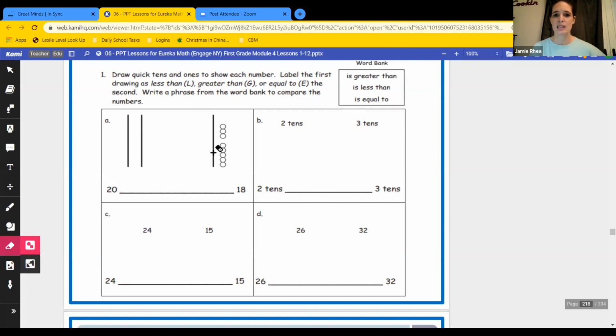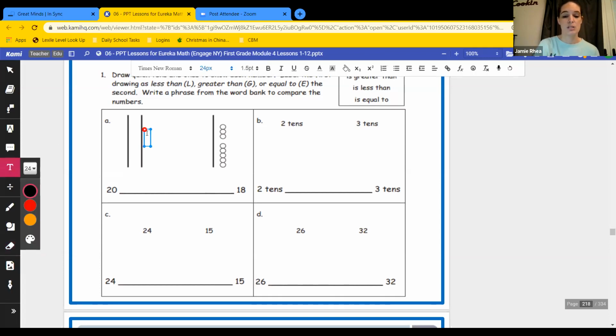Then it says label the first drawing as less than with an L, greater than with a G, or equal to with an E, the second. So let's look. Is 2 tens less than, greater than, or equal to 1 ten and 8 ones? It's greater. So we're going to take our text box. We're going to make a G for greater.